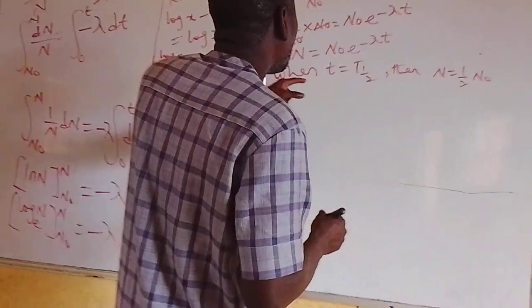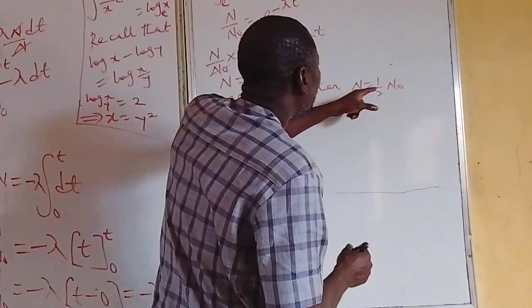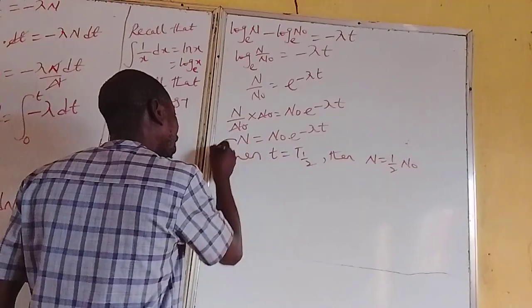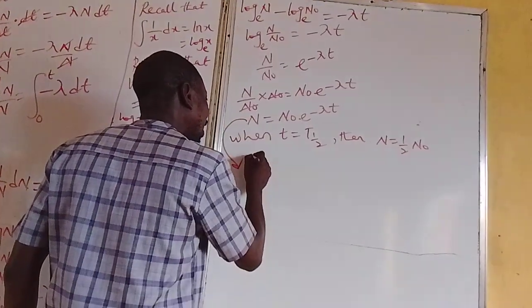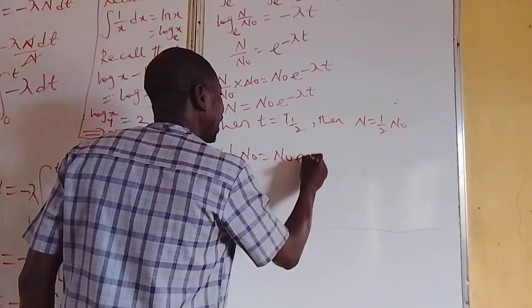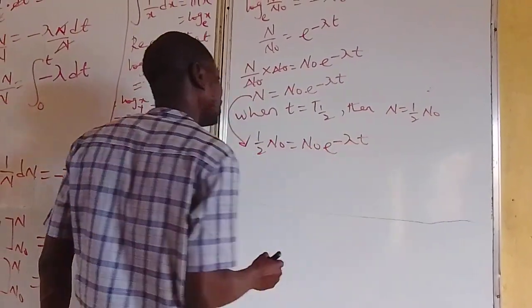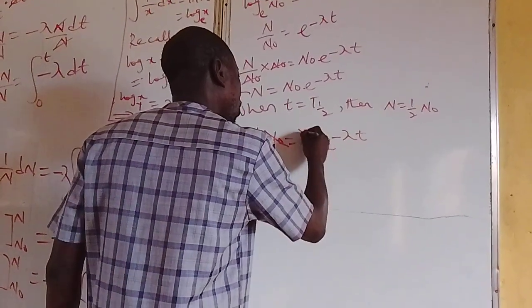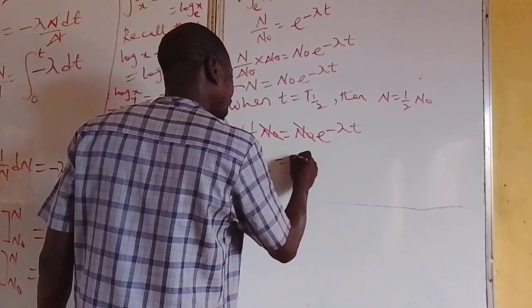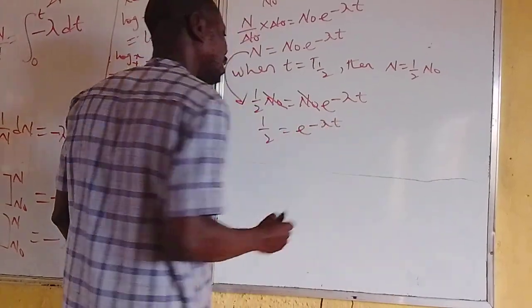So that means I'm going to replace this N with half N naught in this equation. If that is properly done, I will now say half N naught is equal to N naught exponential negative lambda t. So N naught crosses out N naught. So what does that mean? Half is equal to exponential negative lambda t.